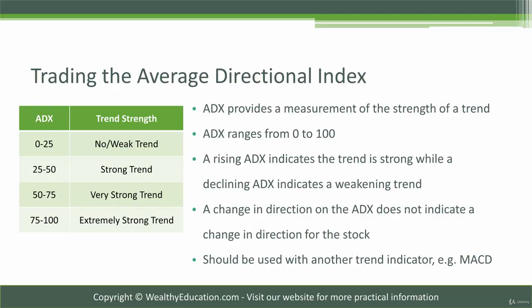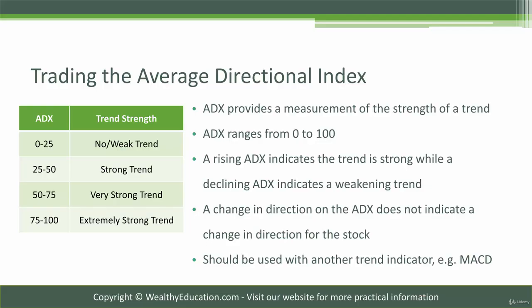That can be a bullish or a bearish trend. So when the ADX changes direction, you have a rising ADX and then it begins to fall. That does not mean that the stock is moving from a bullish trend to a bearish trend or a bearish trend to a bullish trend. It just means that whatever trend the stock is currently in is becoming weaker.